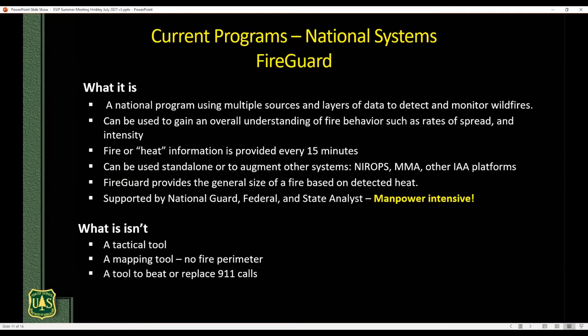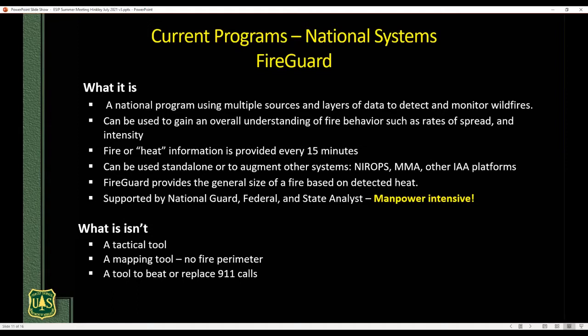The FireGuard system, the more recent system, is one that provides somewhat coarse polygons, but good enough for the incident managers and the first responders, the people that have to call evacuation orders, so that they know where the fire is.